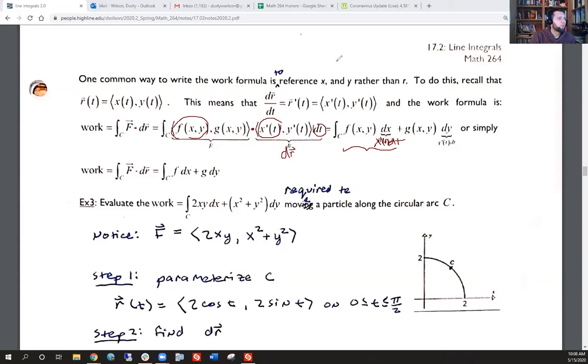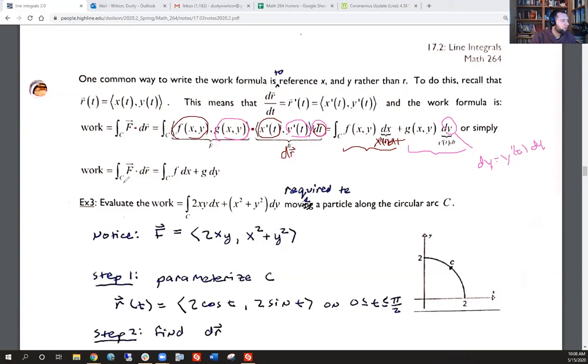And then we could also see what happens. We have g times y prime times the dt, and that will give us this second bit over here. Where notice that dy is, let me see if I can write it more clearly this time, dy is equal to y prime of t dt.